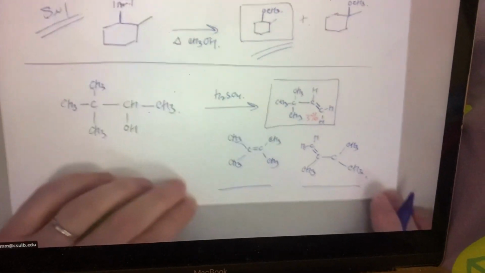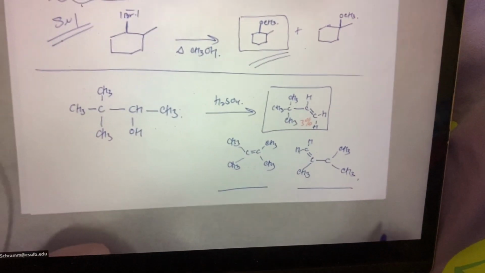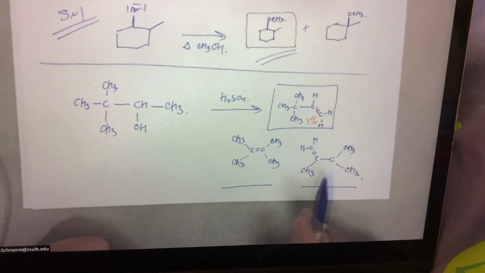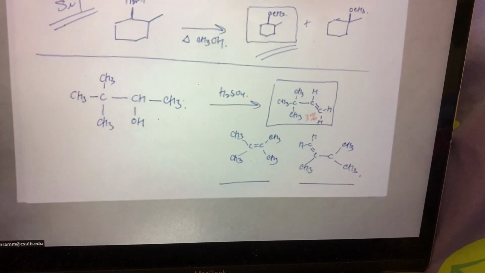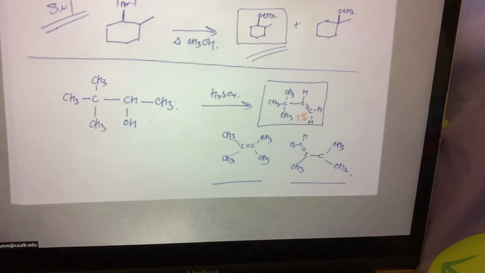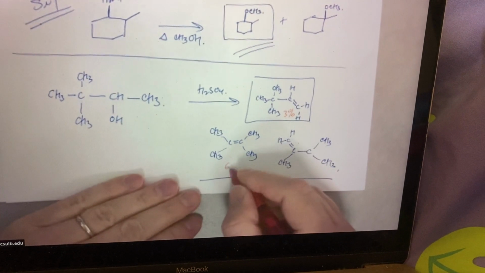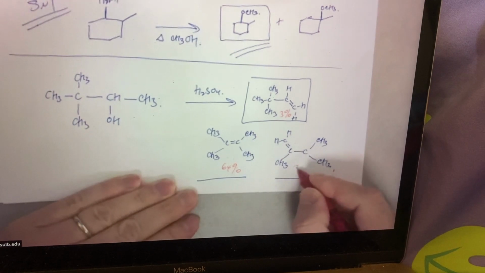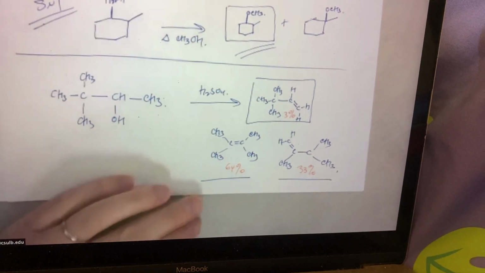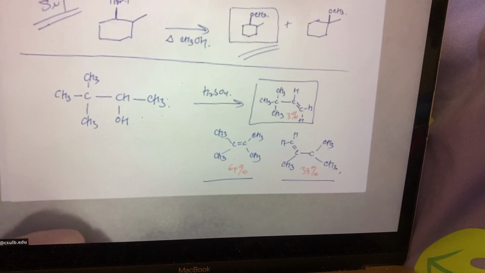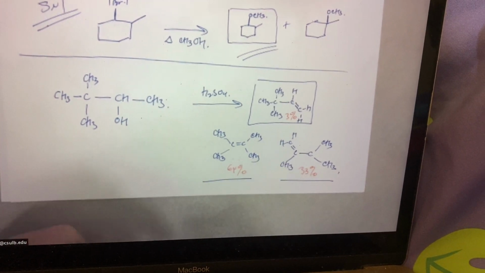So carefully draw these two alkenes into your notes. Turned out this was isolated in 64% yield and 33% yield. These are very, very unexpected.